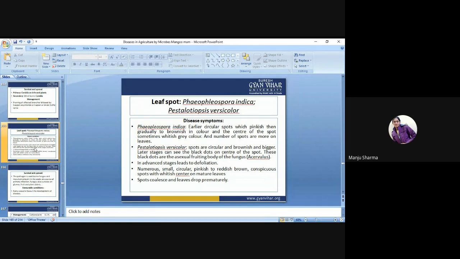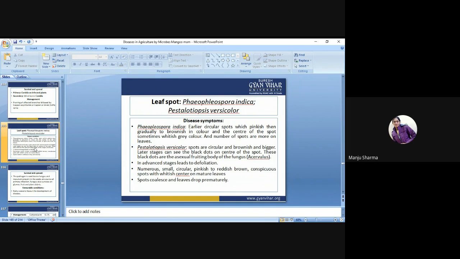Then the next is Pestalotiopsis versicolor. Early circular spots with pinkish hue, then gradually brownish in color, and the center of the spot sometimes whitish gray, and the number of spots is more on leaves.